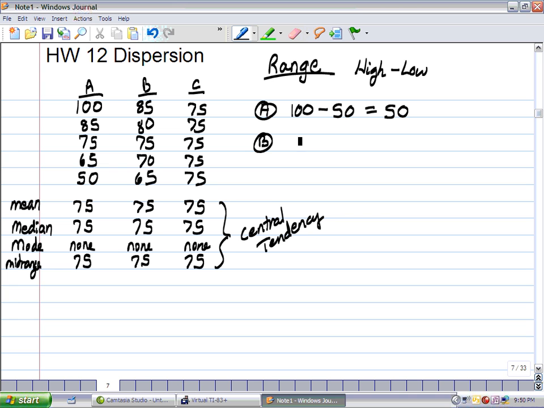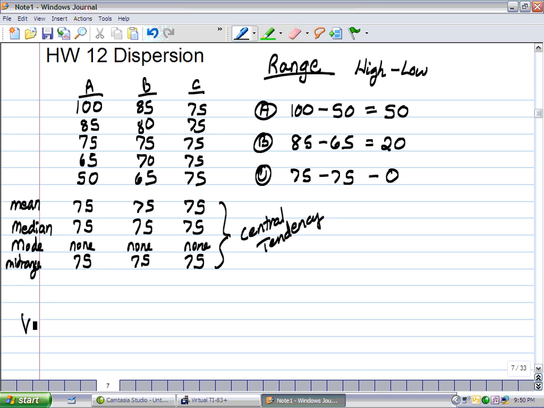In the case of population B, 85 minus 65 is 20. And in the case of population C, 75 minus 75 is 0. We can see that A is more spread out, more dispersed than C because it has a larger range.